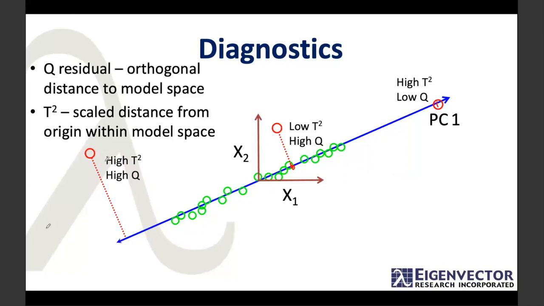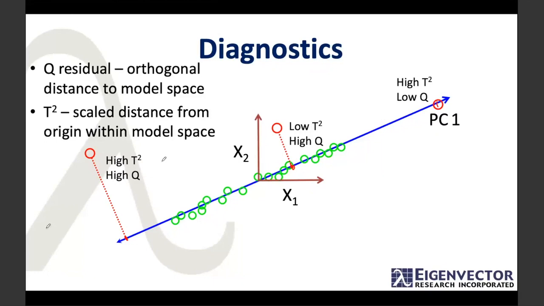And when I project this point onto my model, its projection is far from the origin relative to the other samples used to make up this model, in an opposite direction from the sample here. But this is a sample that has the double jeopardy aspect to it. It has both a high Q and a high t-squared metrics.